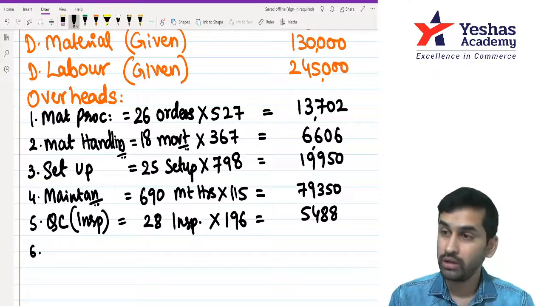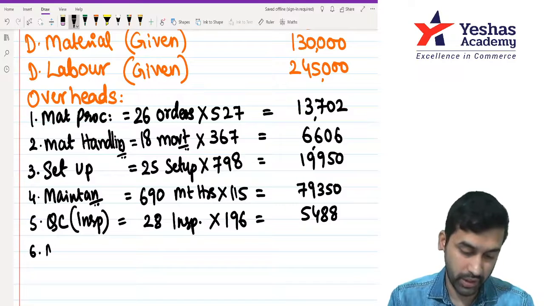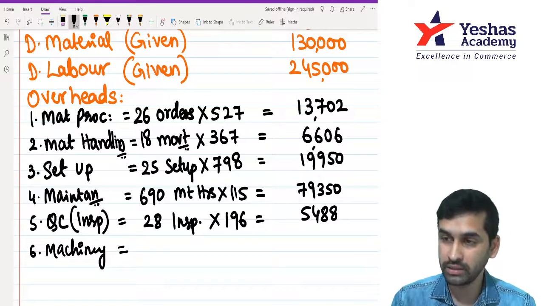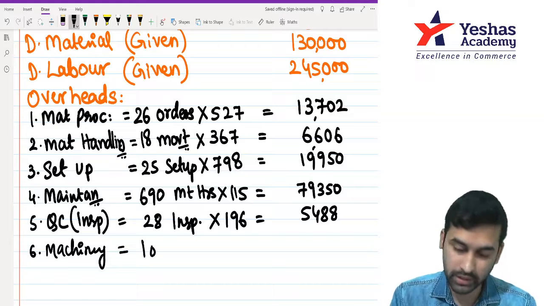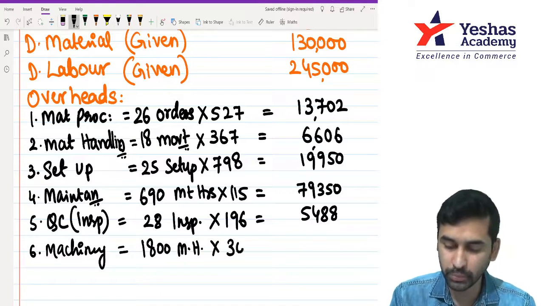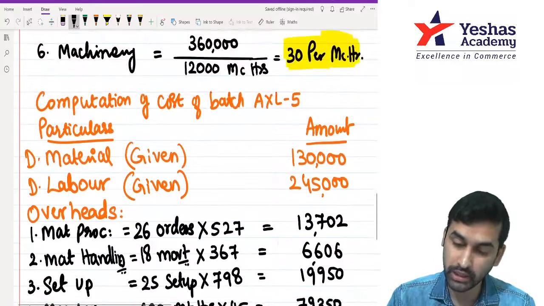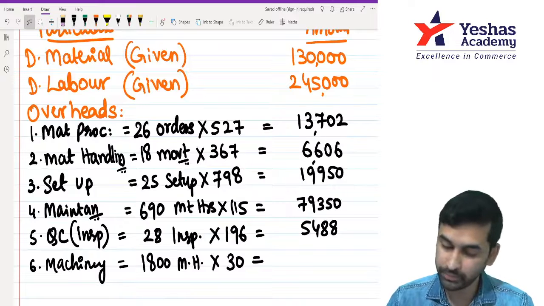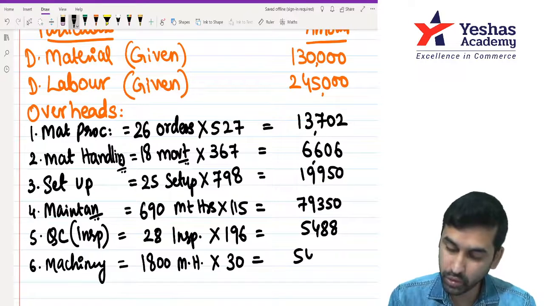Last one I have is machinery related overheads, and that is based on machine hours. How many machine hours for this batch? 1800 machine hours into 30 rupees. Was that 30? Yes, 30 rupees. 1800 into 30, 54,000.